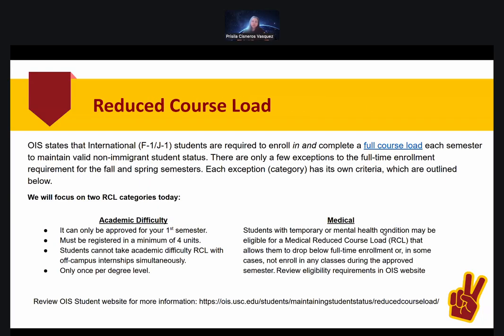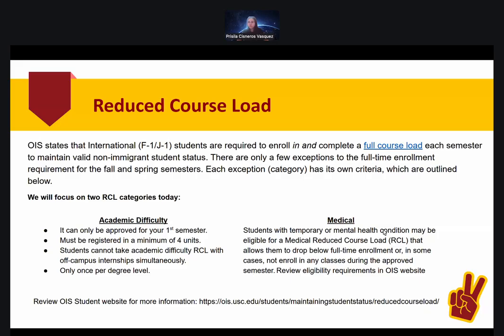And like I mentioned, reduced course load is one of the exceptions that international students can take, a lighter load, but you do need justification. There are 2 types of RCLs. One can apply to students in their first semester, which is academic difficulty. We put certain criteria under there, but you can definitely check out OIS's website for reduced course load.